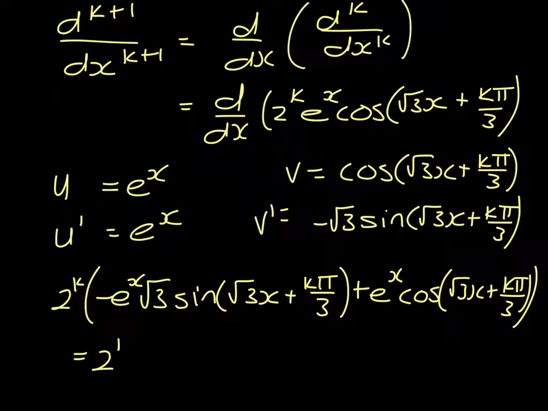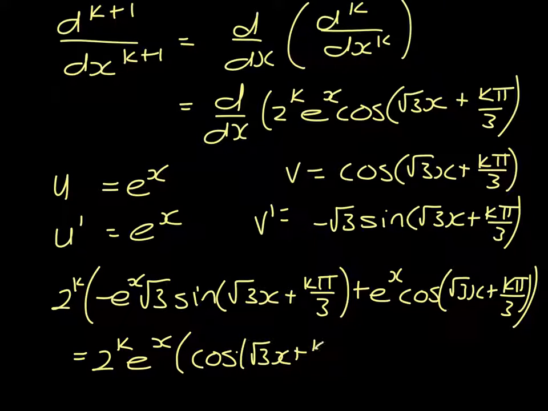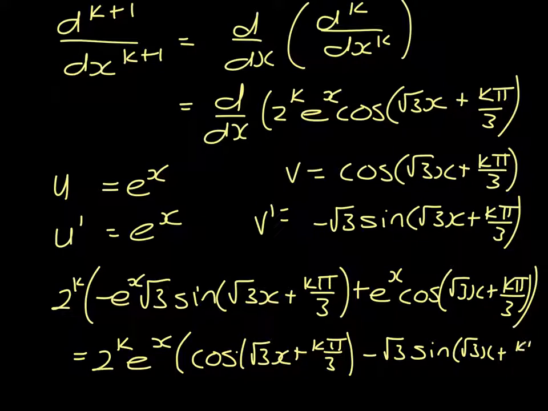So that gives us 2 to the power k e to the power x, cos of root 3x plus k pi over 3 minus root 3 sine root 3x plus k pi over 3.